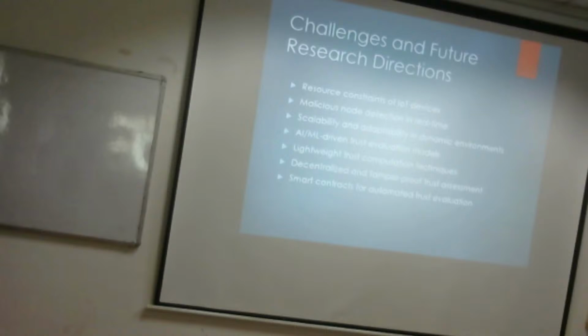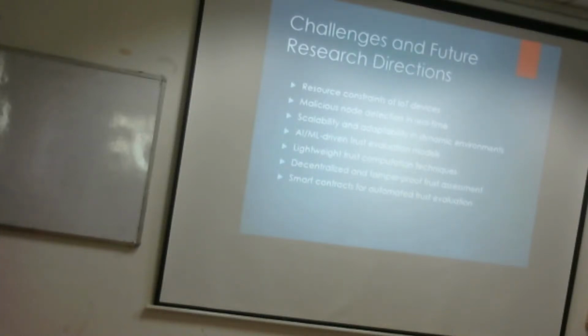So in general, it is preferred that the techniques used in these networks must be lightweight. At the same time, we need decentralized and tamper-proof trust assessment, because we have talked that the deployment of the IoT devices is in different ways, right? And it is dynamic in nature.